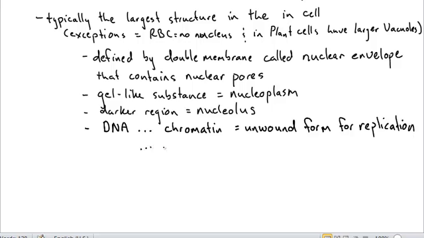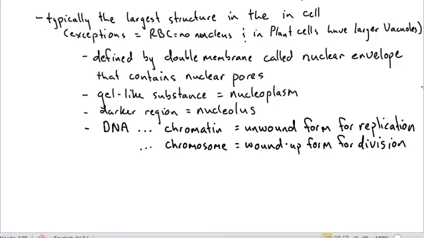Or it can be in its chromosome form, which is when it's nice and neatly wound up. And that's necessary when the cell's going to divide. If all your chromosomes are tangled up, it'd be really hard to equally separate them out. So it winds up nice and neat and then divides them out.